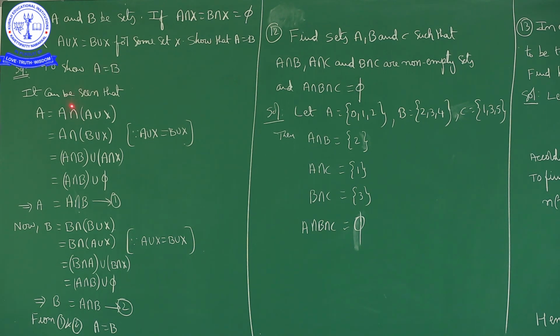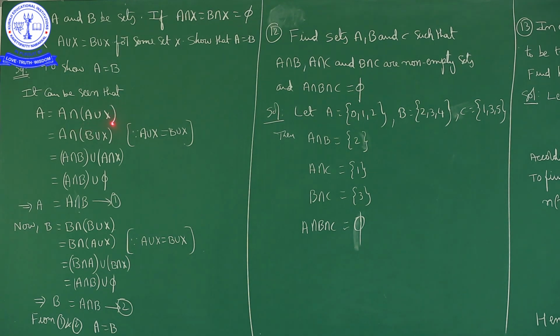Now, we have a condition we already discussed: A is equal to A intersection (A union X). A equals A intersection (A union X), we already discussed a similar condition. Now, what can we write?